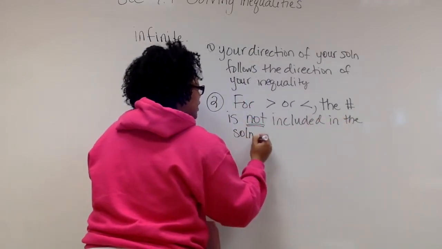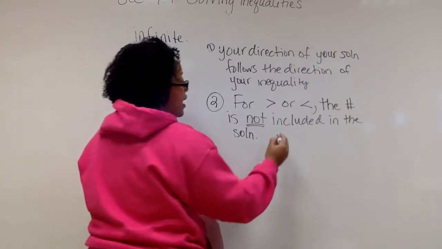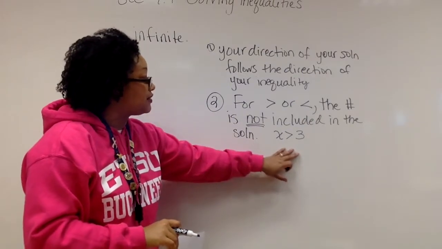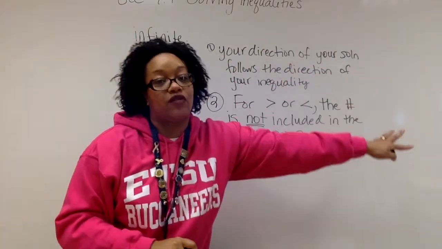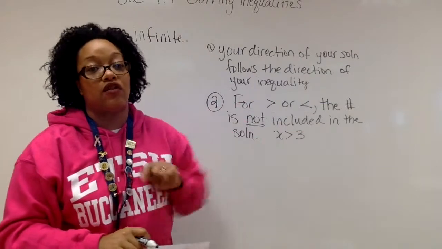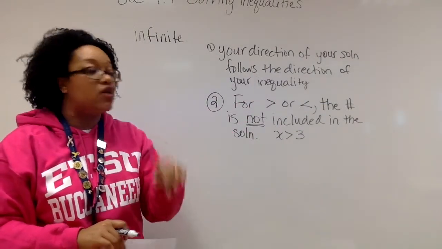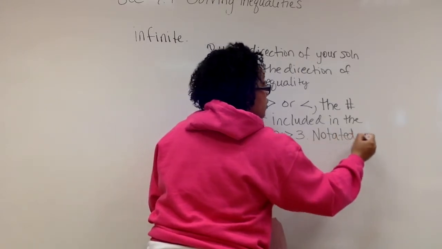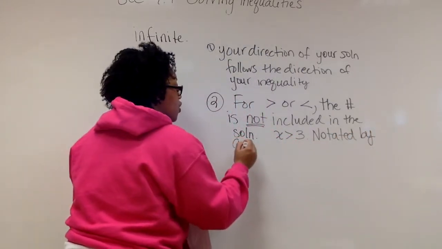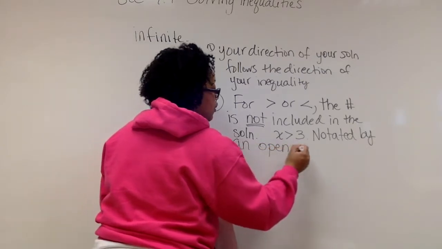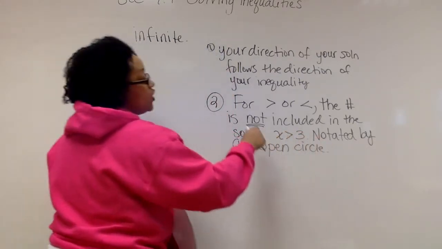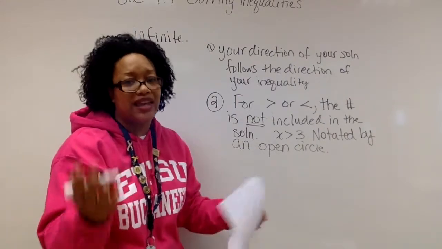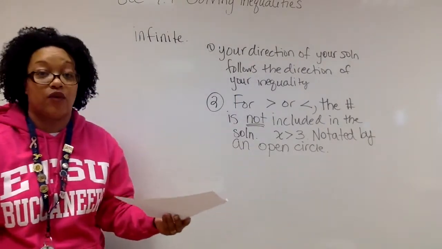In other words, if I tell you that you have x is greater than 3, what this inequality is saying is that x is past the 3. It's everything greater than 3. And we notate that by an open, underline open, circle, okay? So whenever you have greater than or less than signs, you're going to have an open circle. And again, I'm going to show you what that looks like when we actually graph one.